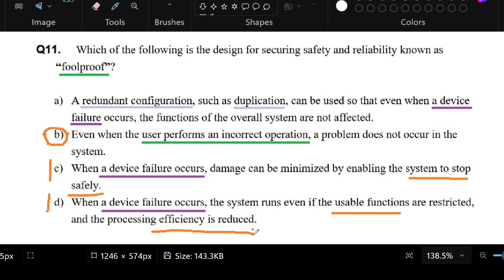Okay. What about letter A? Why did I choose to disregard immediately letter A? I think it was because of the words duplication and redundant configuration.